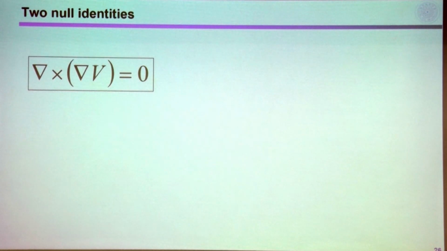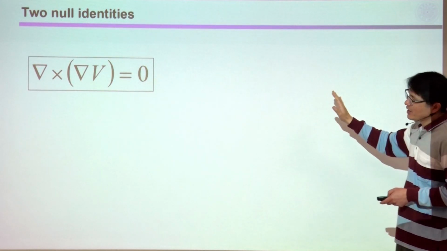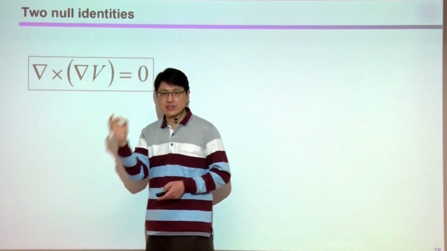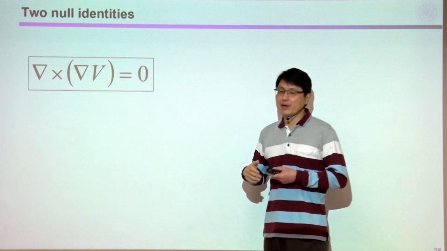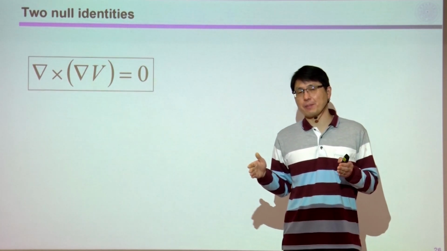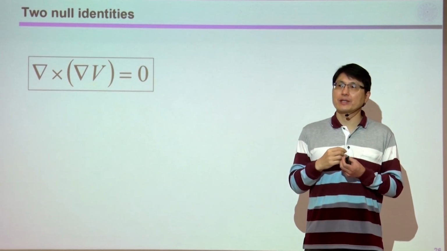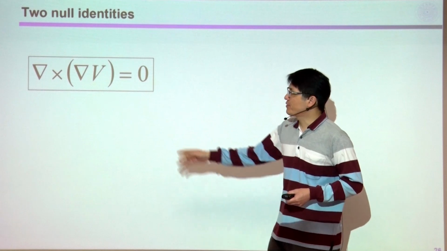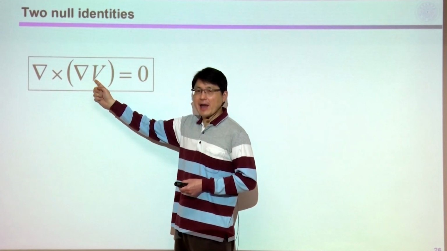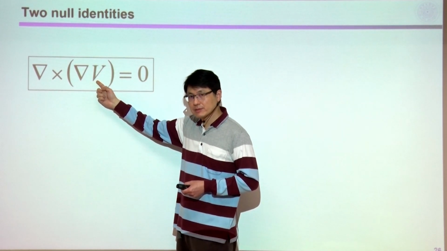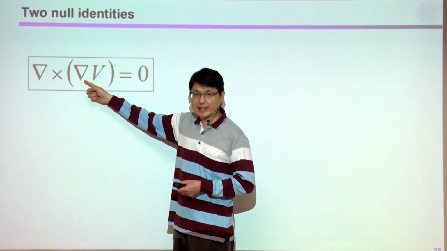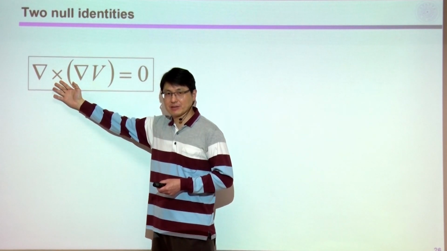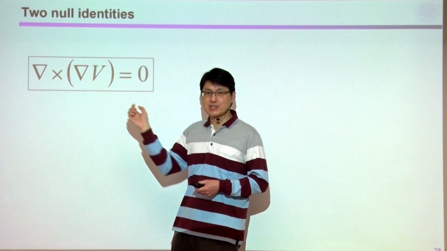What I want to emphasize for this class is the 2 null identities. Null means 0. So there are certain type of vector operations that would guarantee you have a 0 result. So the first one is, if you have a scalar field, you perform its gradient, and then you perform its curl operation, it is guaranteed to be 0.